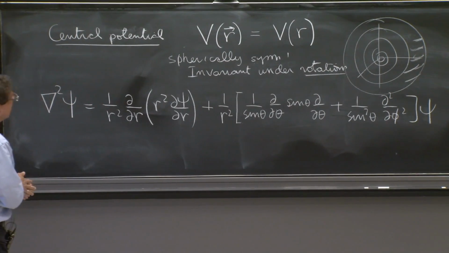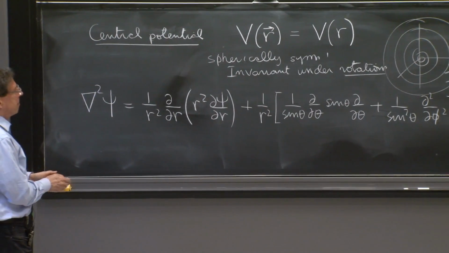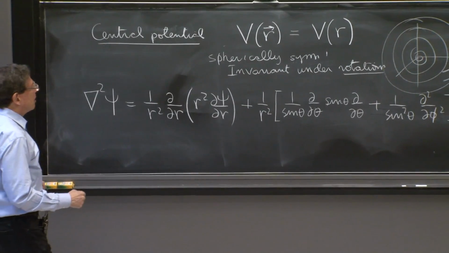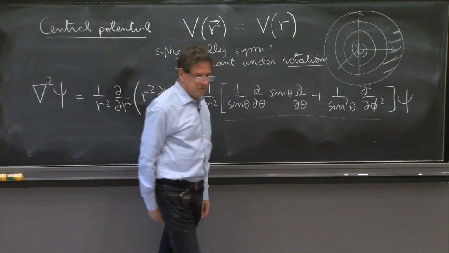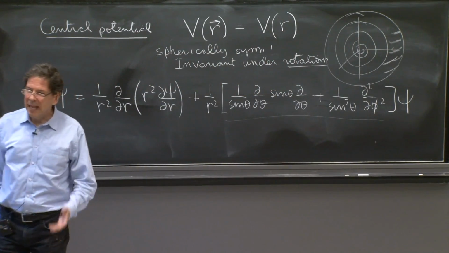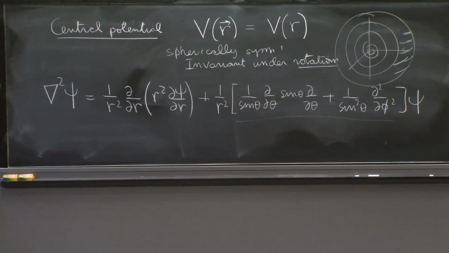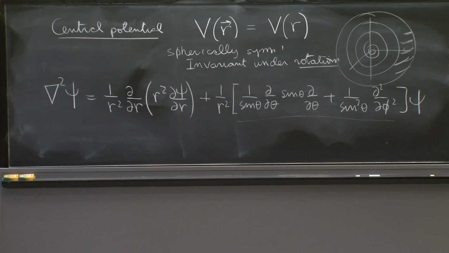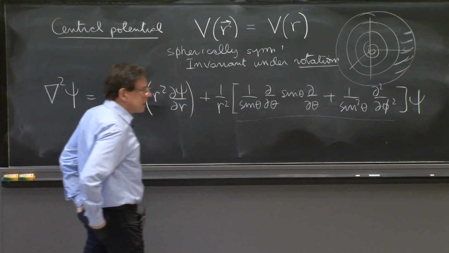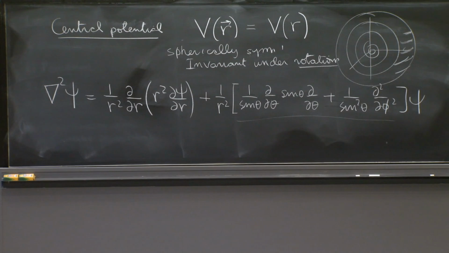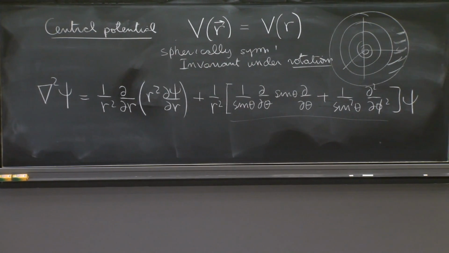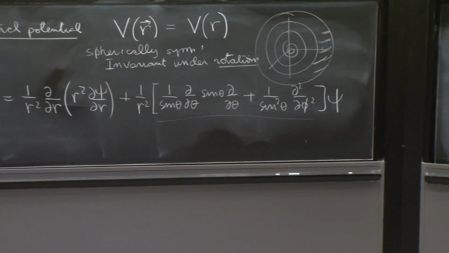And what we're going to do is build up a structure that allows us pretty much to forget about all these things. That's our goal. And angular momentum will play a role in doing this. So there are, in fact, two facts to be justified.